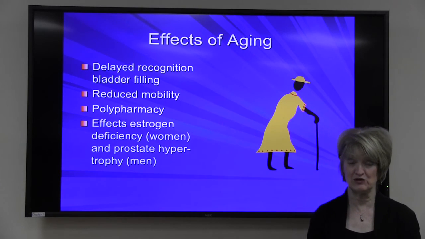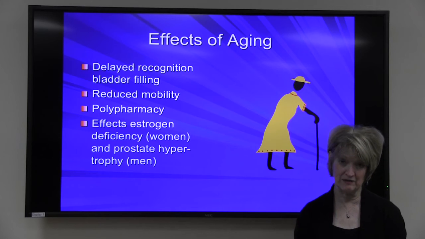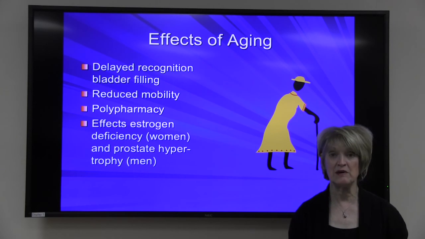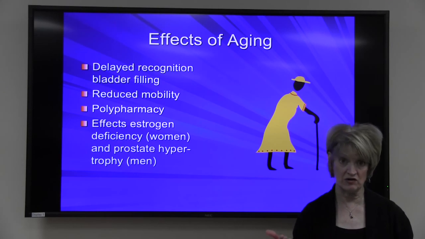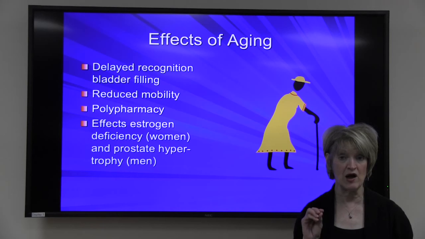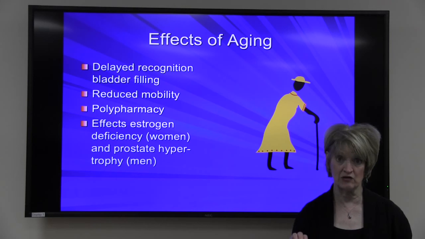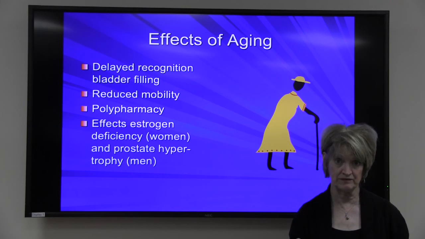So I sometimes, when I'm trying to help caregivers understand, I compare it to hearing loss. So people with normal hearing, you can just talk in a normal tone of voice, they hear what you say. But if you have an older person with hearing loss, you have to speak much louder. You have to increase the volume for the message to get through.